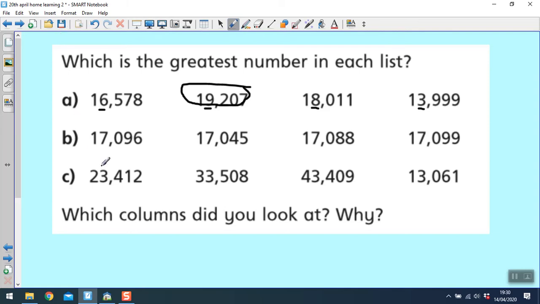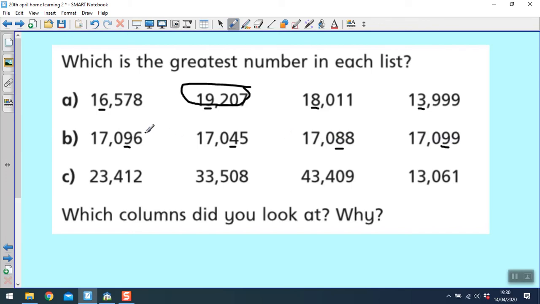Okay, you should have noticed that they all have 1 tens of thousands, they all have 7,000s, and they all have no hundreds. But the tens number is different in some cases. So it's got 9 tens, 4 tens, 8 tens, 9 tens.